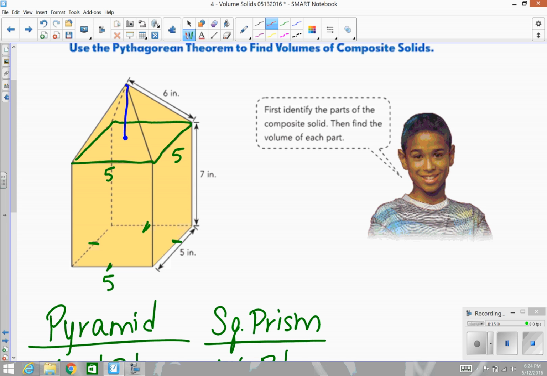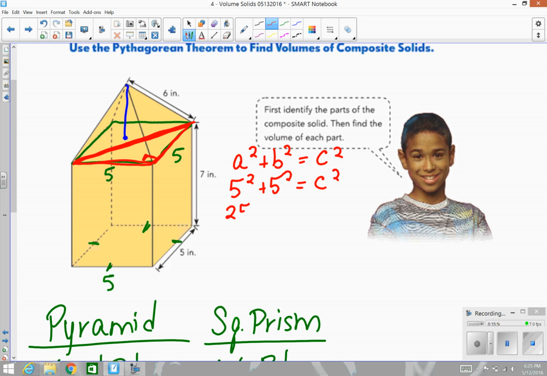There's 2 steps we're going to need here. The first thing I'm going to do is cut through that base diagonally, and we're going to look right here. You'll see why in a few minutes. Just stay with me. This is a right triangle, so we're going to use Pythagorean theorem to find the length of this diagonal. a squared plus b squared equals c squared. 5 squared plus 5 squared equals c squared.